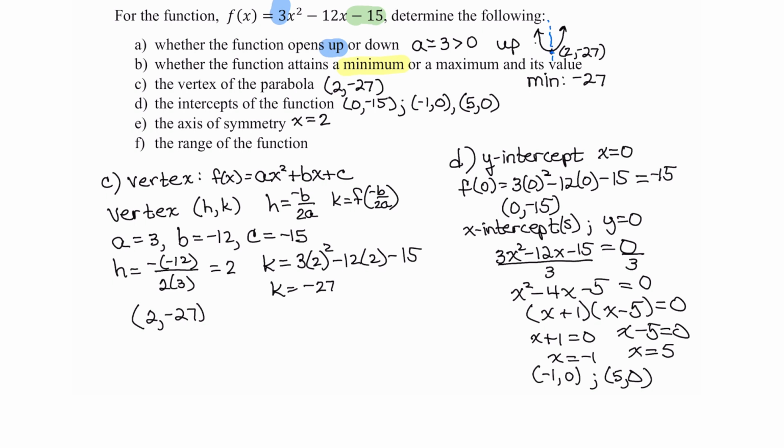And then lastly, the range of the function. Well, for range, remember we want to scan our picture from bottom to top. And think about this parabola that's opening up.